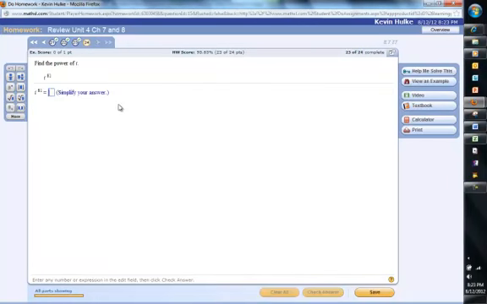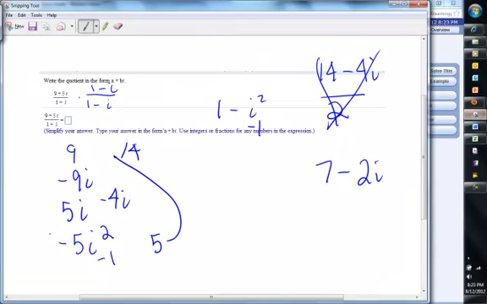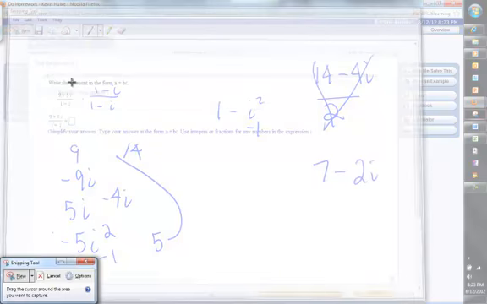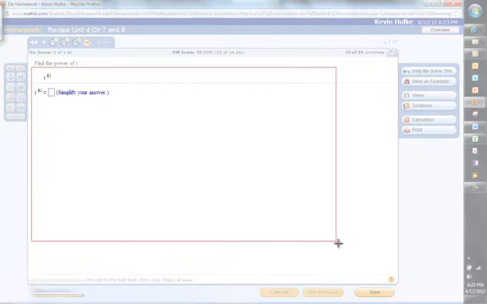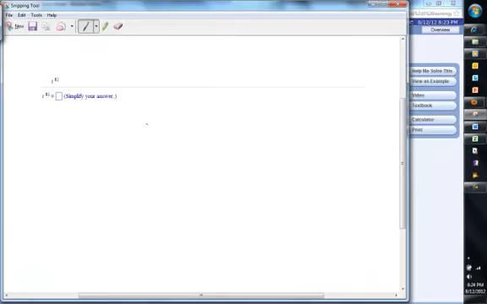Number 24, I to the 81st. Well, anytime you have I to the first is I, I to the second is negative 1, I to the third is negative I, I to the fourth is 1.